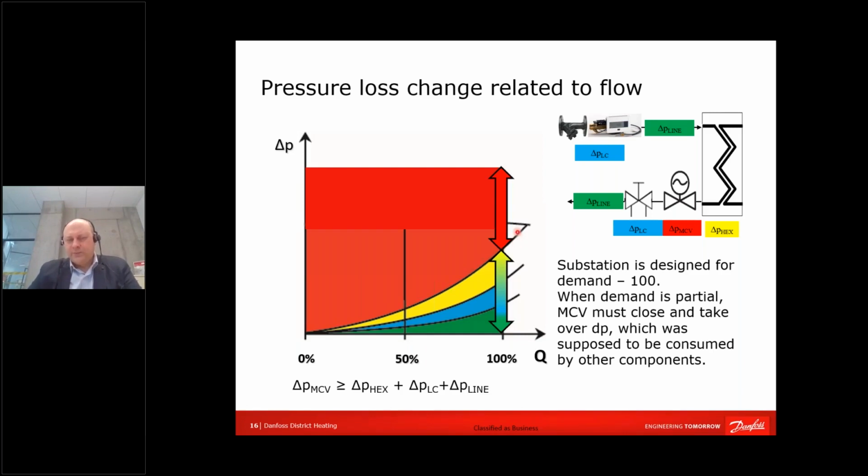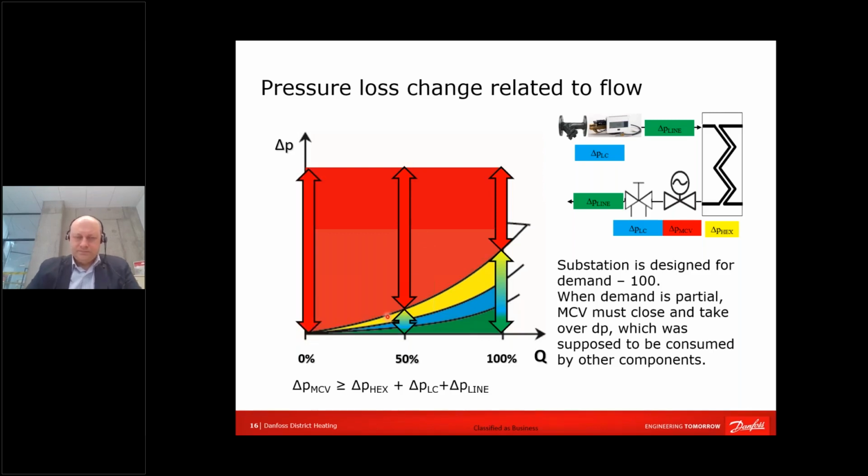And if the control valve is sized with a low part of the shares, it will just jump around and have limited capability to control. As I explained earlier, with the decrease of the flow, the part of differential pressure for the line components and for the rest is decreasing, and the control valve has to compensate.